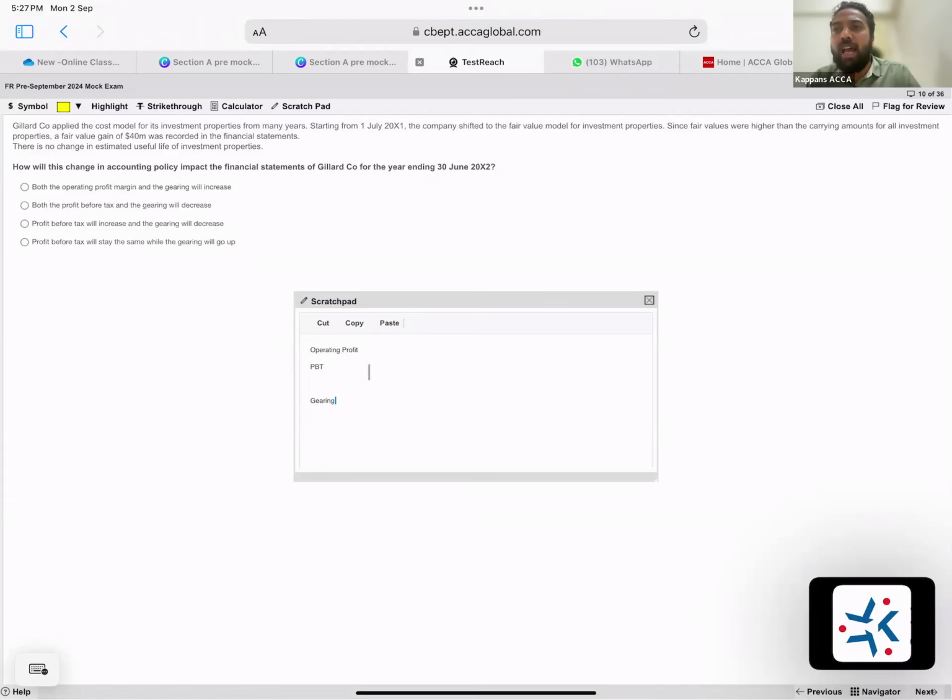So if a fair value gain is recorded, then it will be shown in investment income, which will definitely increase PBT. There is no change in estimated useful life of investment property.